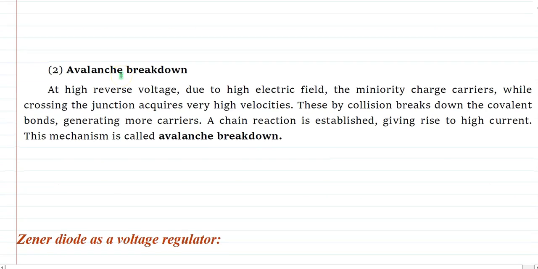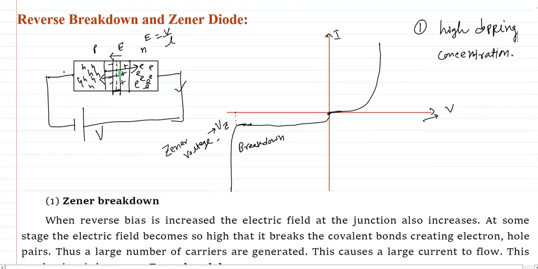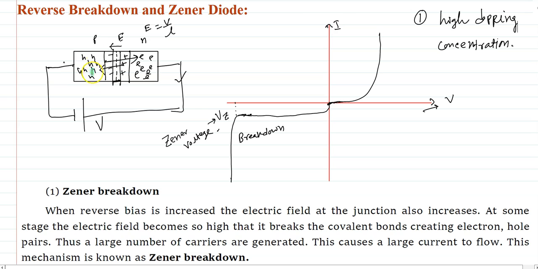Okay. In case of avalanche breakdown, there is another logic: in the P region there is a small number of electrons, and in the N region, I have told, there is a small number of holes. These electrons or holes, due to the high electric field, move with very high speed. When they move with very high speed, they collide with the covalent bonds and break them, and then a new electron hole pair occurs.